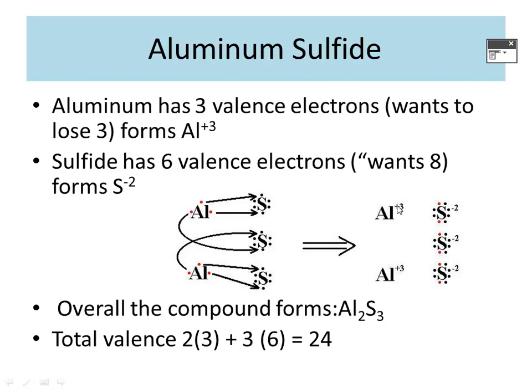So for +3s to cancel out -2s, we need 2 +3s to cancel 3 -2s. So what happens is you have a formula Al2S3. Okay? That's aluminum sulfide.